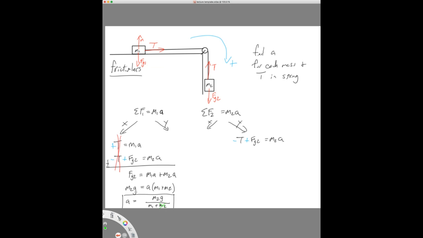So that's a way, if I have a formula, I can check it by looking at special cases. You can even just make up numbers and put them in, like 100 kilograms and 1 kilogram, and see if the answer fits your intuition. All right, any questions about this example?